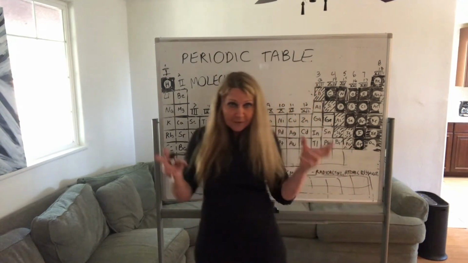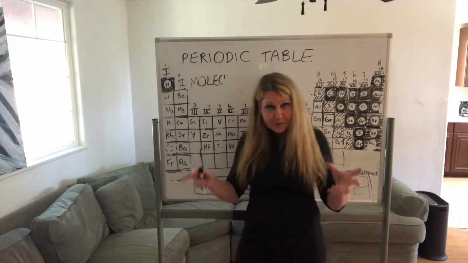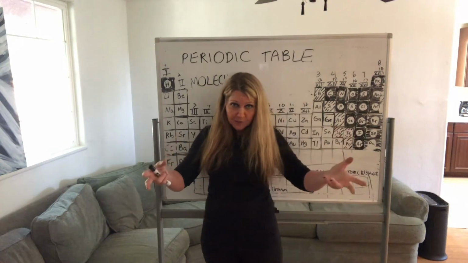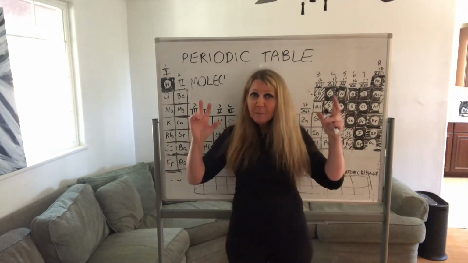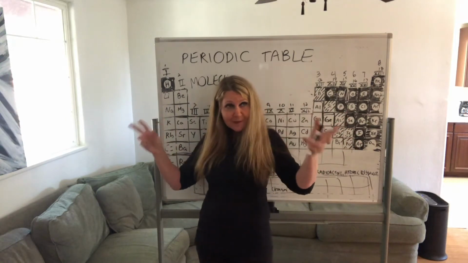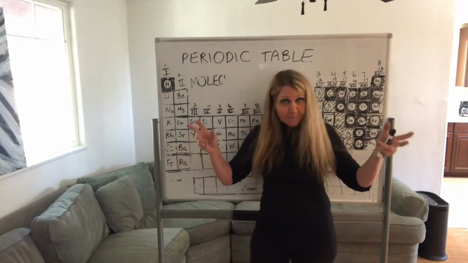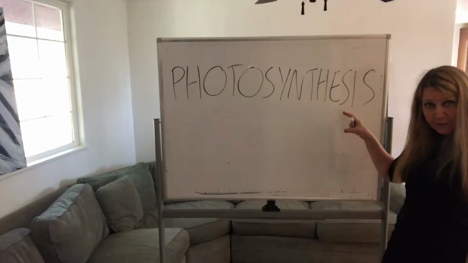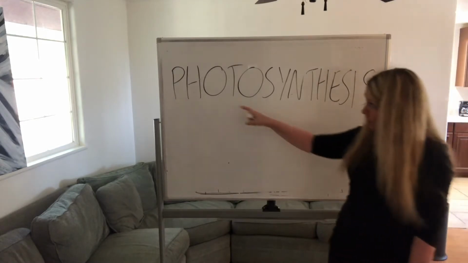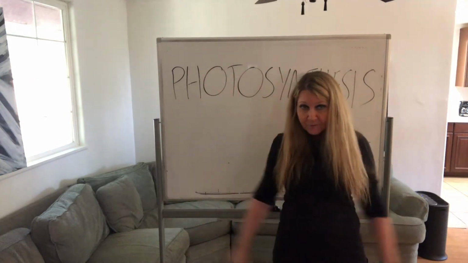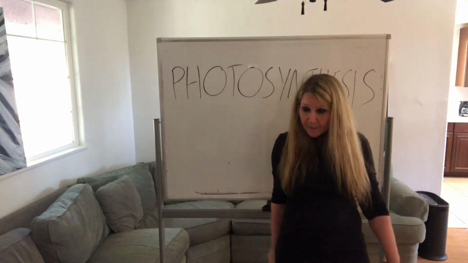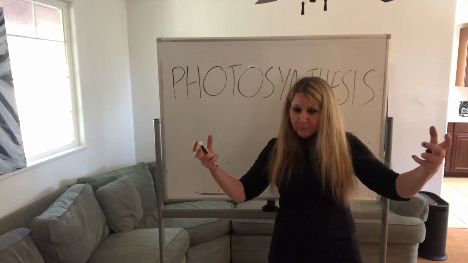So let's look at some parts of the cell that are involved in energy production and usage. The most important process of life, really, is photosynthesis. Look at the word here. We'll break it down. Photo, prefix, means light. If you take photography, you're writing with light.